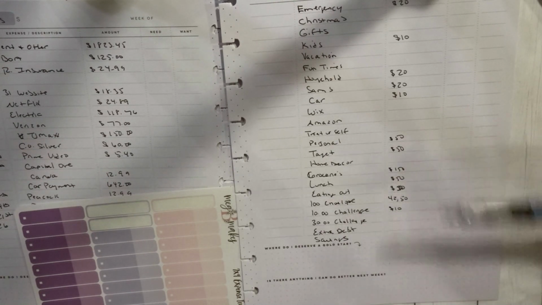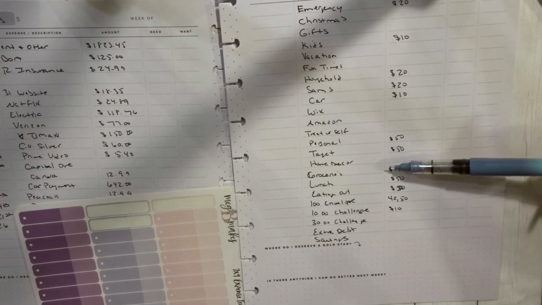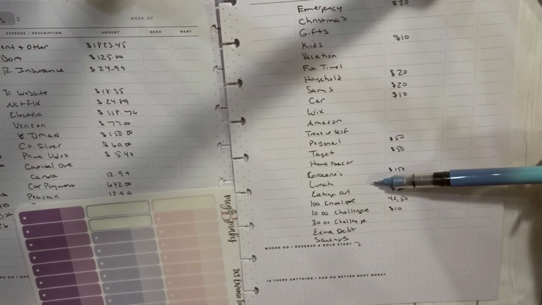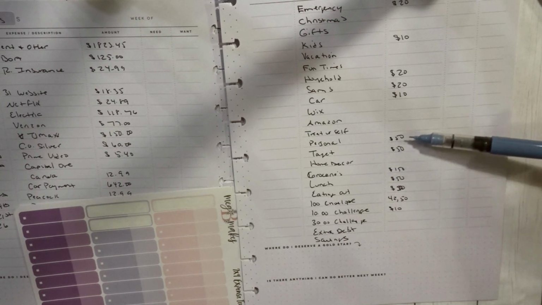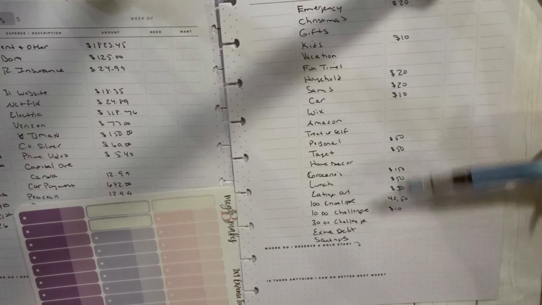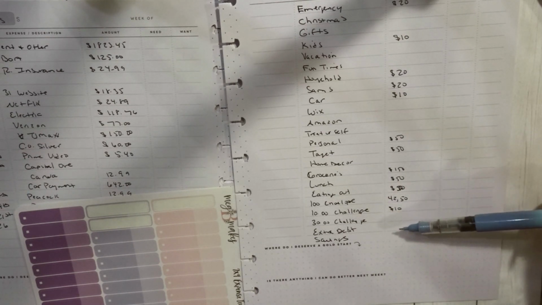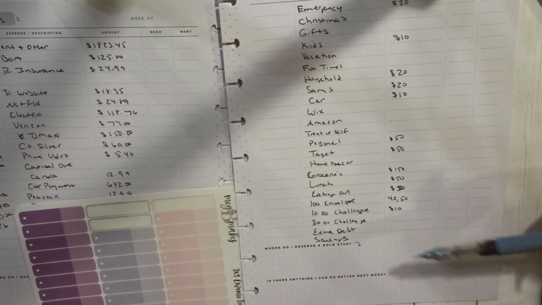So that's my plan: anything I have left over in the groceries, the lunch, and personal, I'm going to fund other ones up here. So that's how I'm doing that, and also adding that into the extra debt and into my savings.